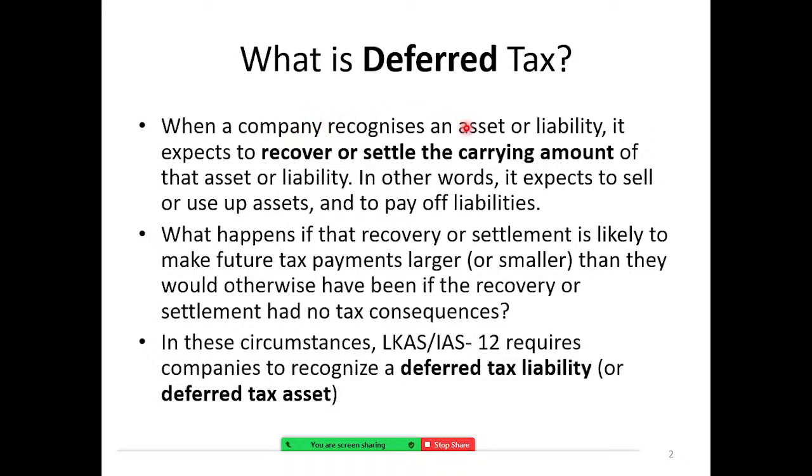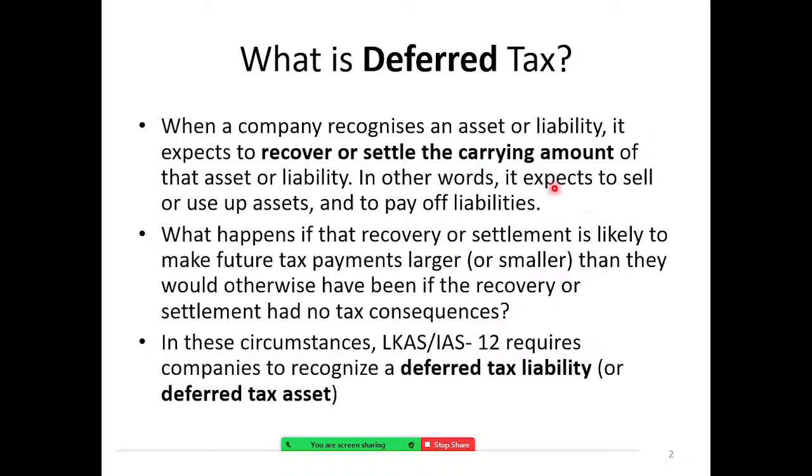So when a company recognizes an asset or liability, it expects to recover it if it is an asset, and settle it if it's a liability, the carrying amount of that asset or liability. In other words, it expects to sell or use up assets and to pay off liabilities.